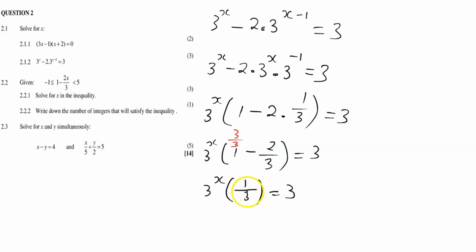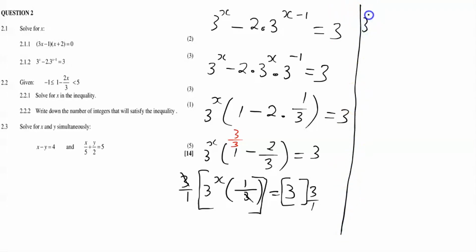And then to get rid of this 1 over 3, you can just multiply both sides by the reciprocal, which in this case is going to be 3 over 1. 3 over 1, and then this one cancels that one, because they are the same term since they are separated by multiplication.